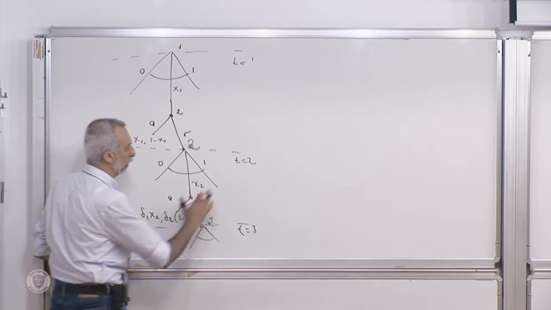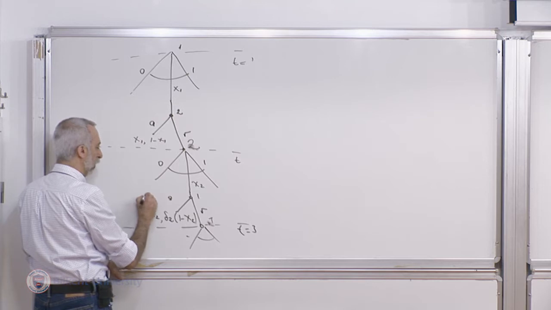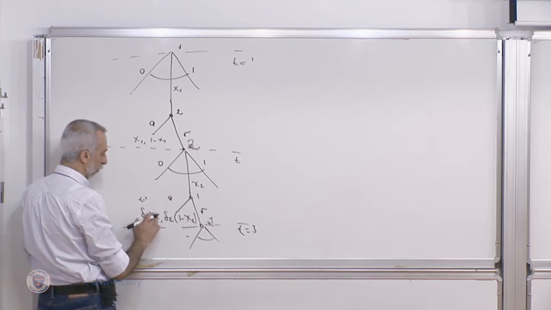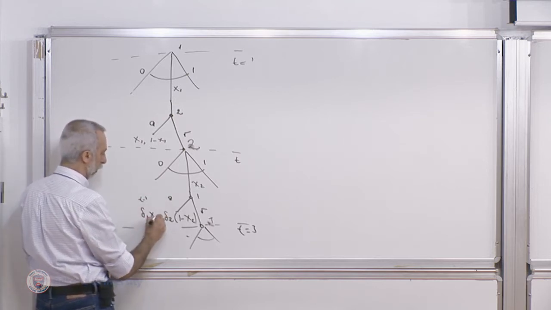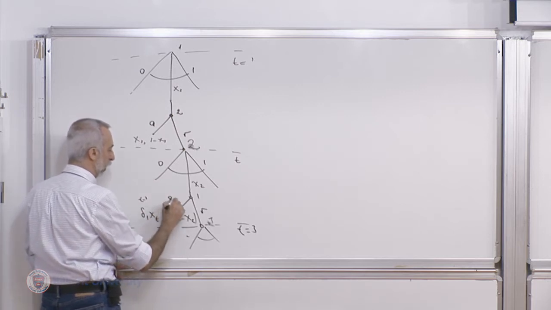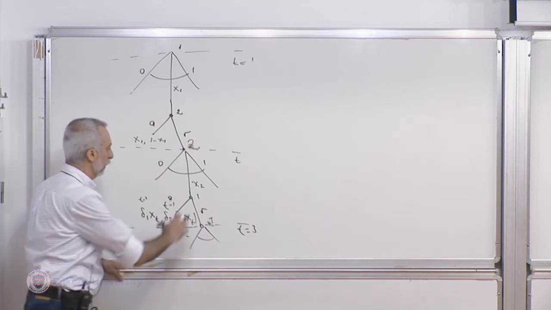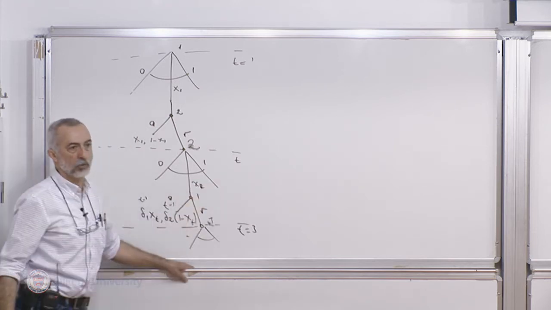So in general, when we're at period t, this is delta 1 to the power t minus 1 times x t, and delta 2 to the power t minus 1 times 1 minus x t.